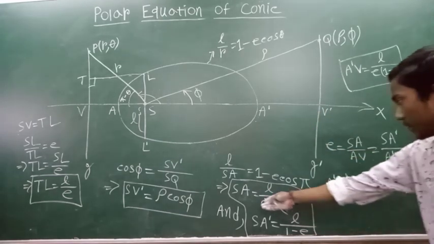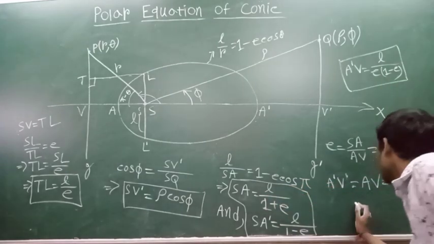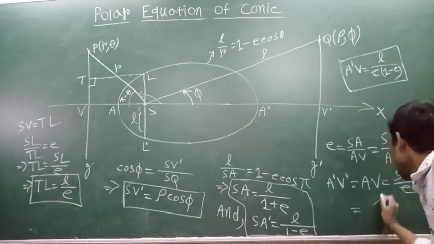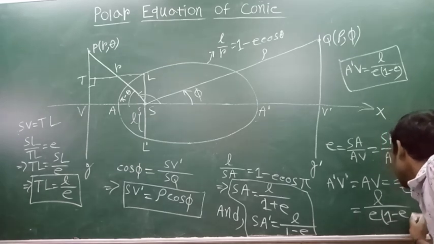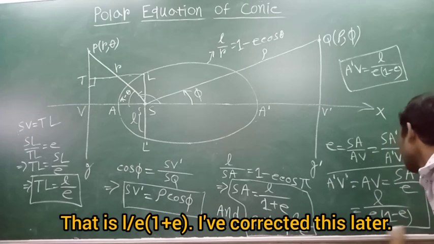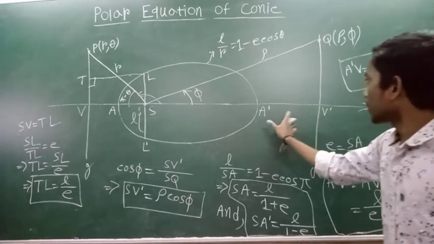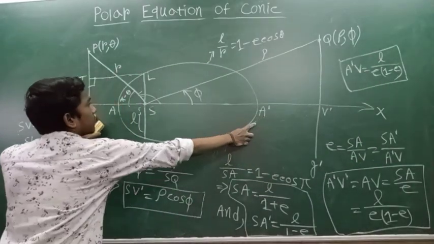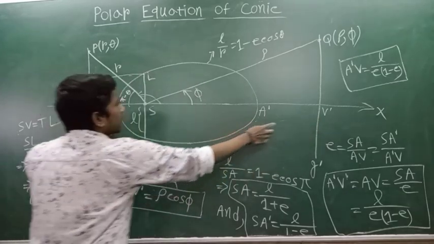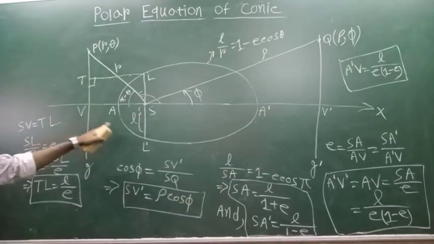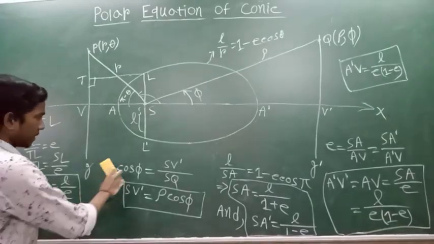Now SA we have already derived, AC is equal to L by 1 plus E. So we put this here and we get A dash V dash is equal to L by E into 1 minus E. So we got A dash V means this length and A dash V dash means this length. So we can write the length V dash is equal to A dash V plus A dash V dash.